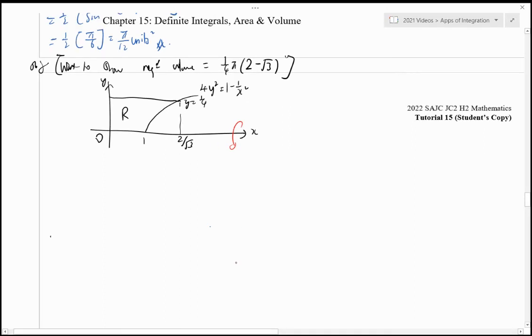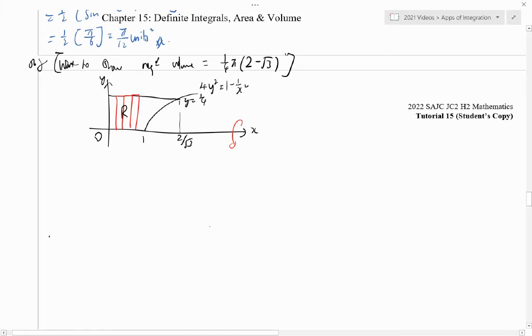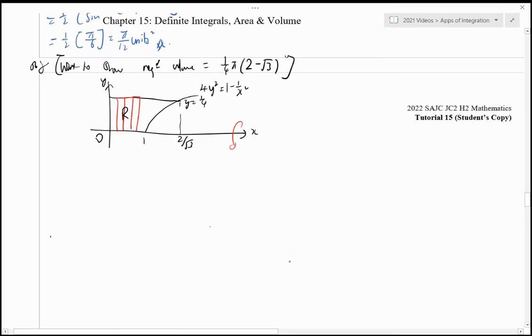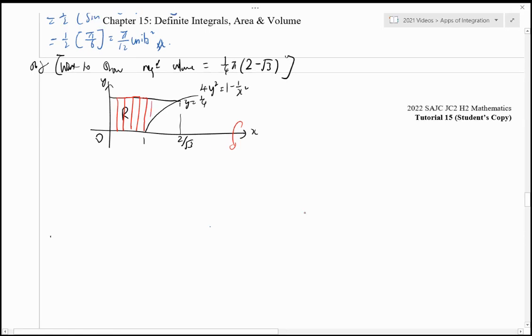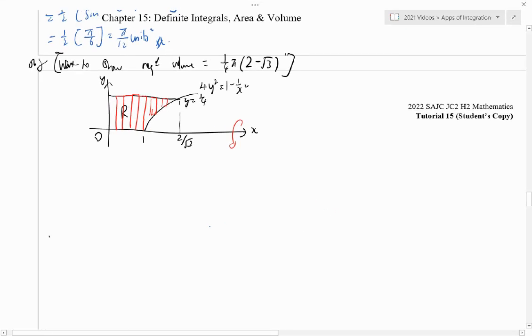For region R, it seems okay from the start to have vertical rectangles starting from the x-axis. But as it crosses the line of 1, you realize that the rectangles no longer can touch the x-axis. So it's very difficult for us to talk about how the strips can be rotated about the x-axis.